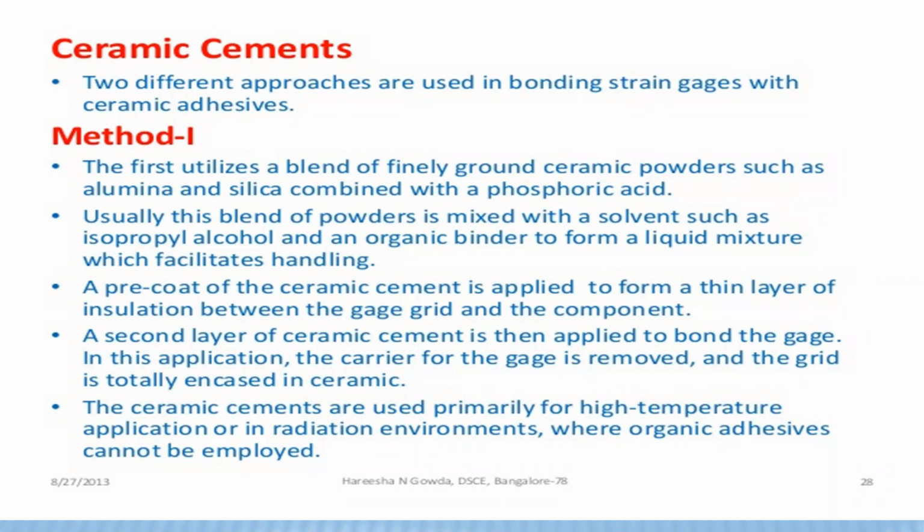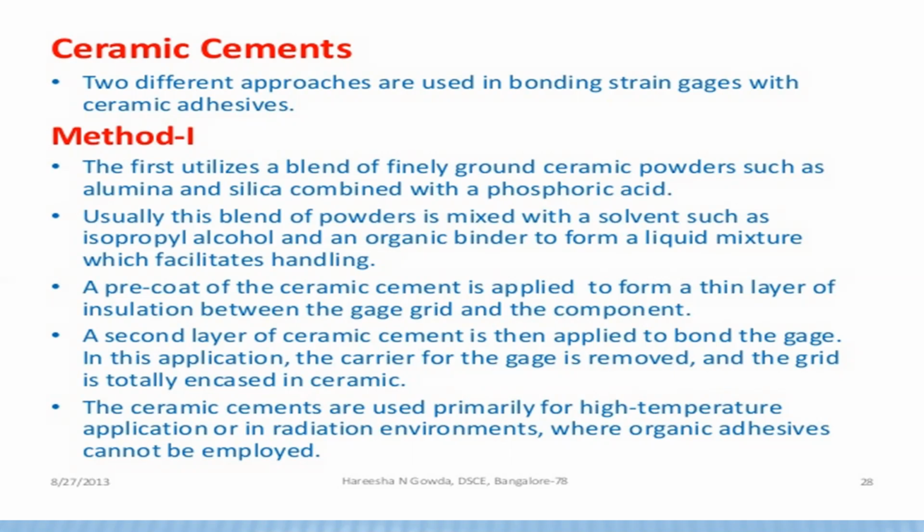A pre-coat of the ceramic cement is applied to form a thin layer of insulation between the gauge grid and the component. So in that strain gauge, a thin layer is formed. That thin layer is the adhesive material.